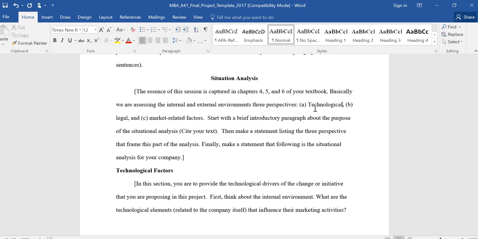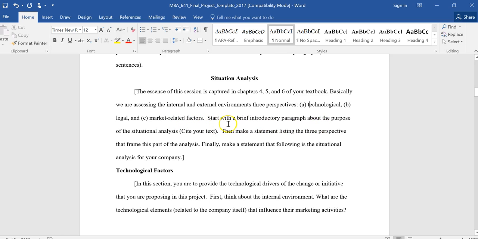So this is going to be from the perspective of 3 things: the technological perspective, the legal perspective, and the perspective of the market that we're actually going into, right? So the market-related factors, okay?